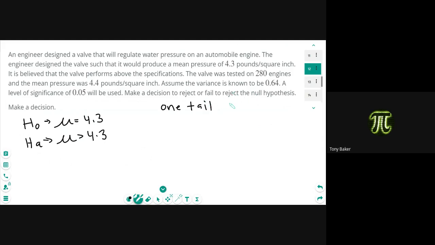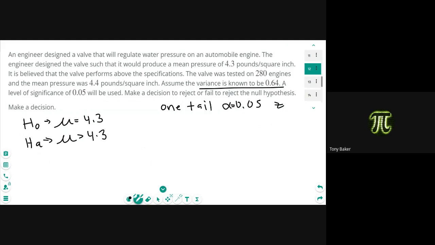We have a significance level of 0.05. Am I using P or Z or T? Correct, we use Z because we know the variance for the population.